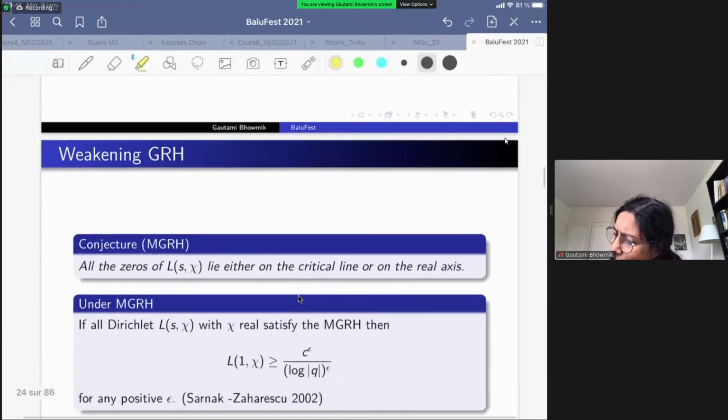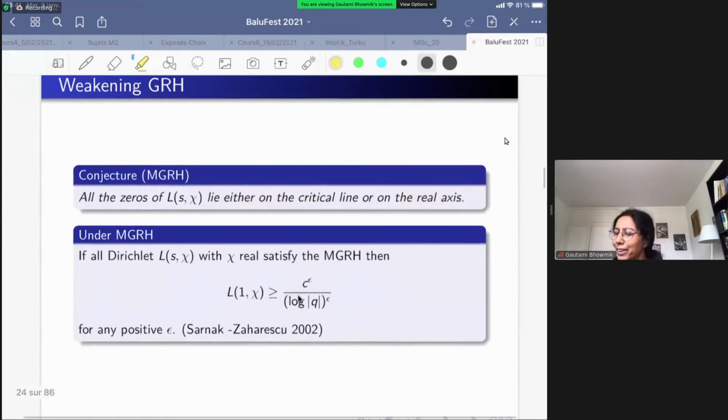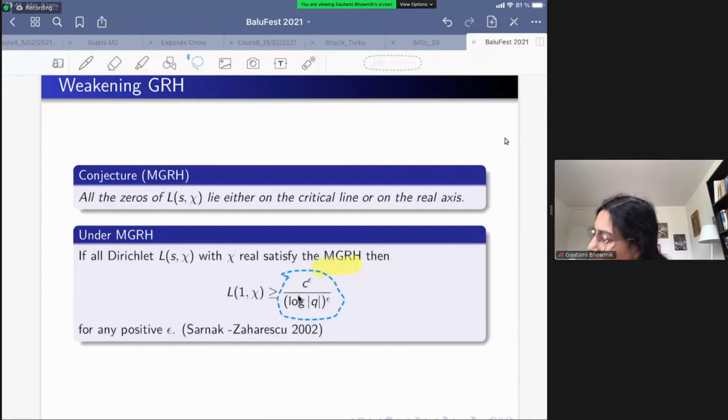and they show that if we assume that all Dirichlet L(s, chi) satisfy the modified GRH, then L1 chi is bounded, for any positive epsilon, by C_epsilon times Q to the power epsilon.